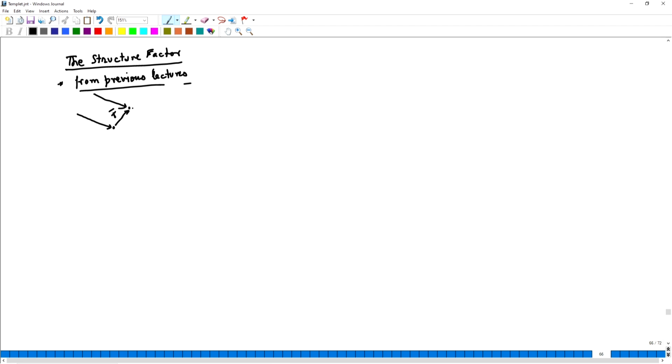And the scattered beam goes in a certain direction, and we have been trying to find out what is the intensity at point Q, far away from our finite size crystal. This I had called A point, which is the origin, and B is another arbitrary lattice point.